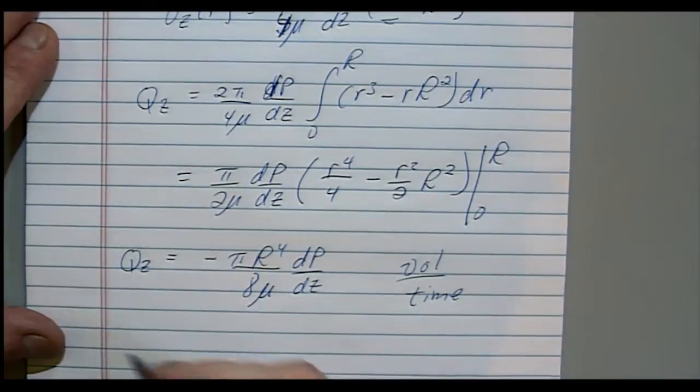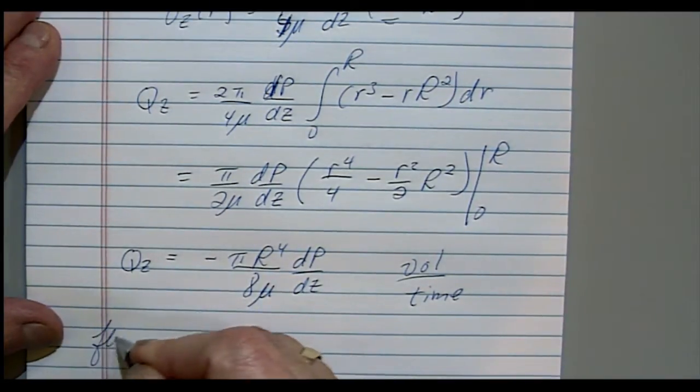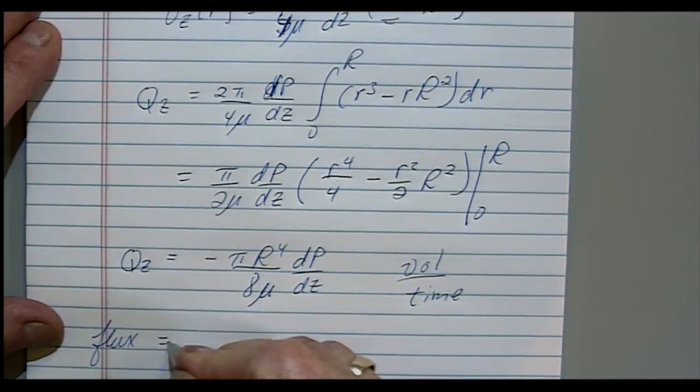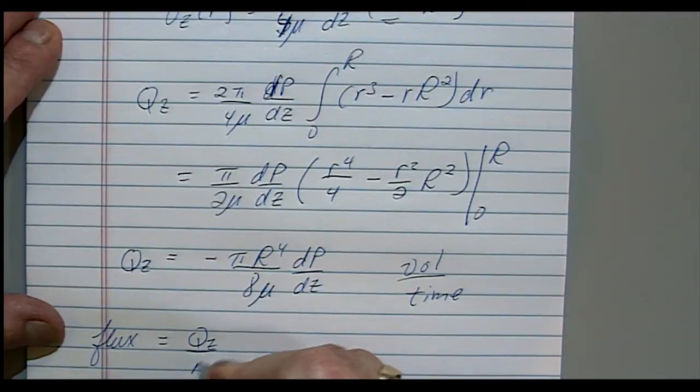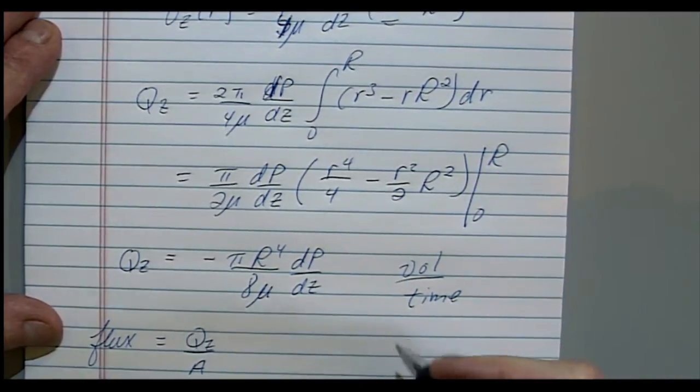And we can convert that into a flux by just taking big Q and dividing it by the area. And the flux always has units of volume per unit time per unit area.